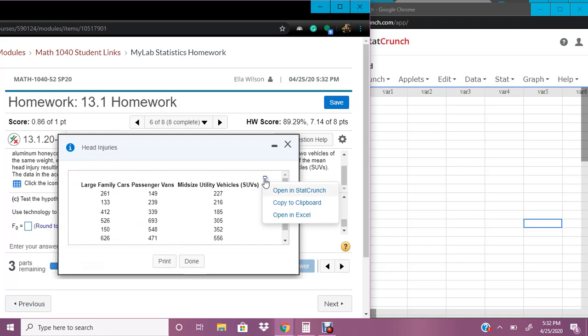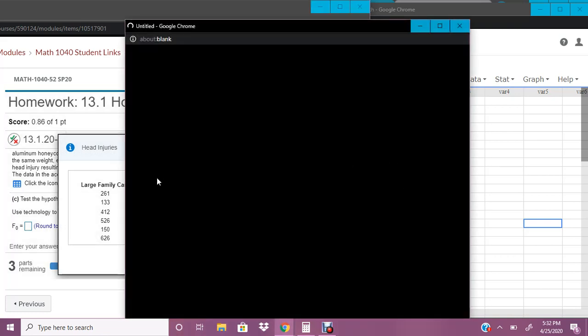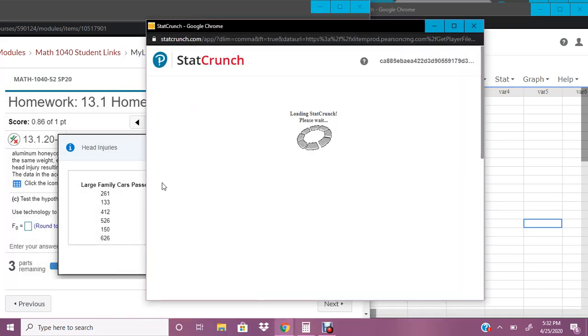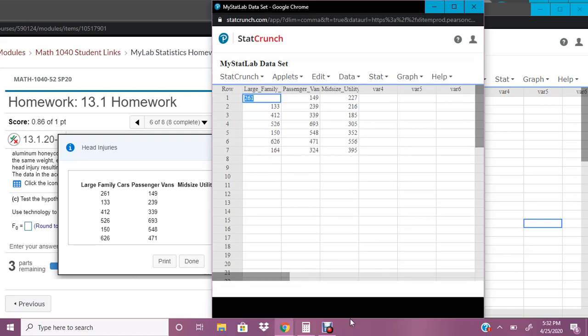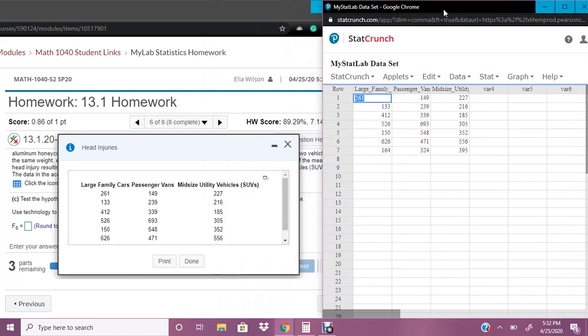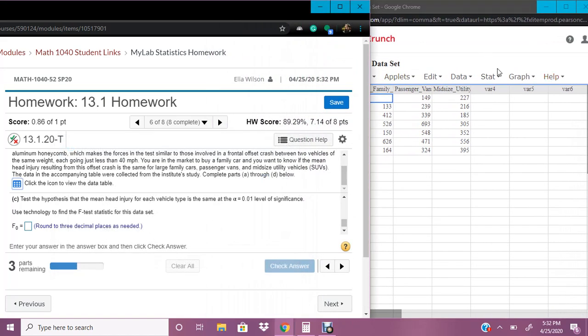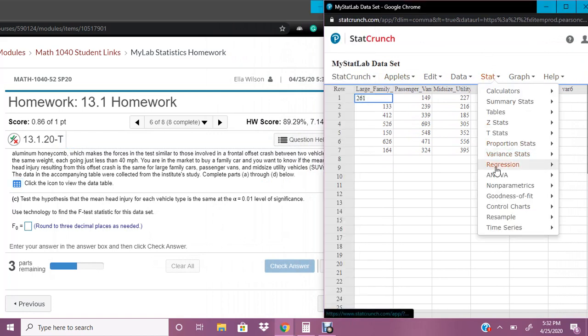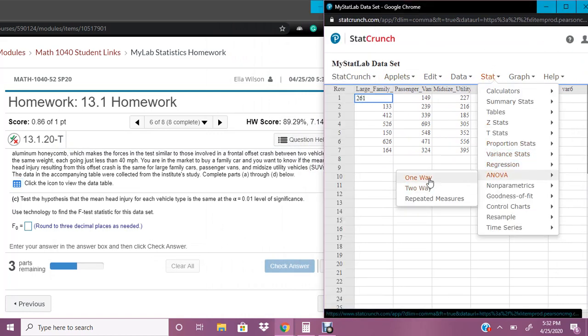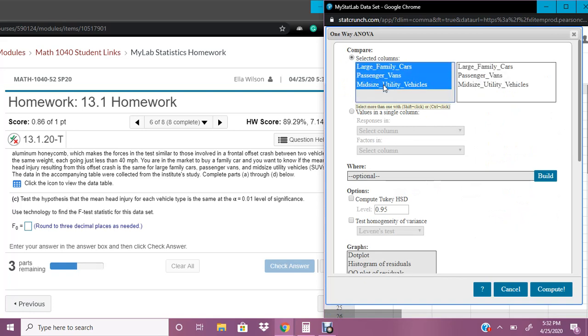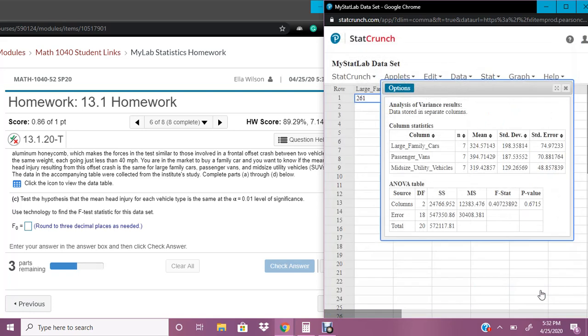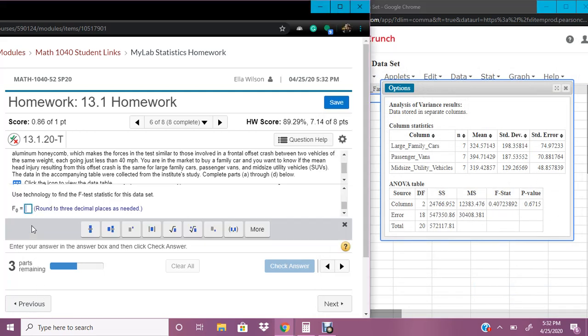Okay, so now we're going to do a test. So we're going to open up our data into StatCrunch. And we're going to go to Stat, ANOVA, one way, and then highlight all three columns and click Compute. And the test statistic is the F stat right there, so we'll type that in.